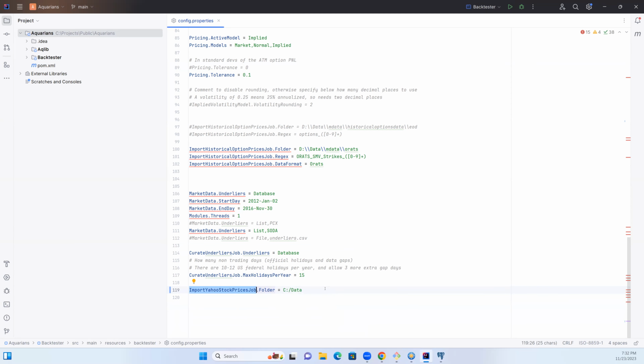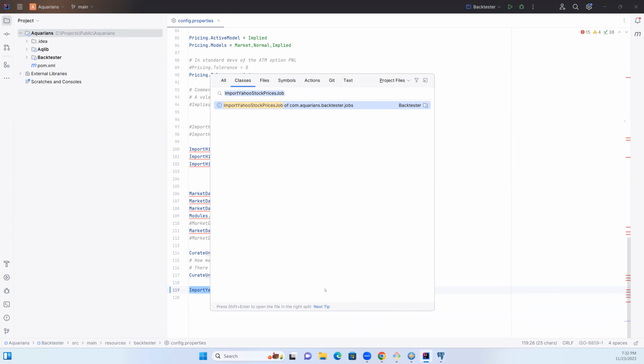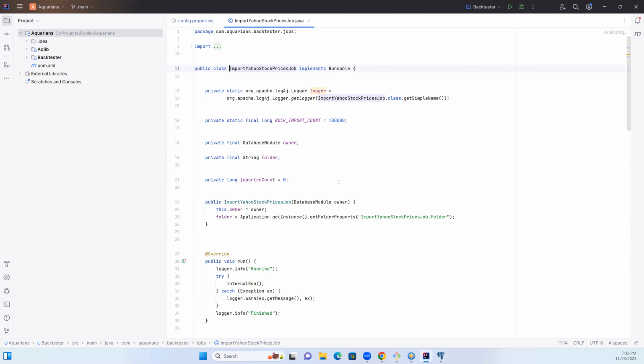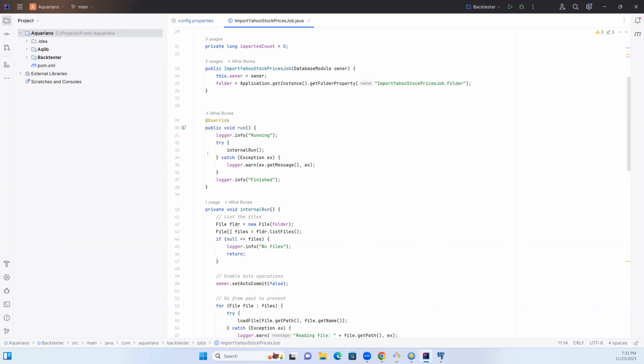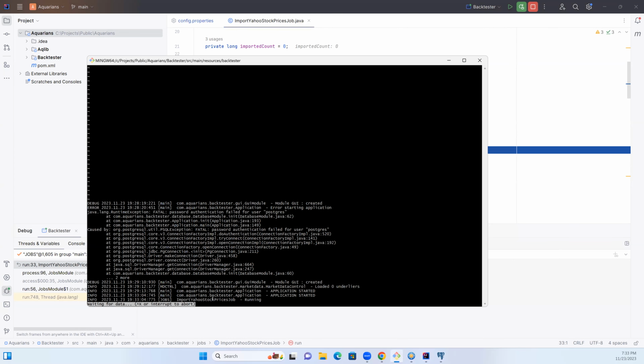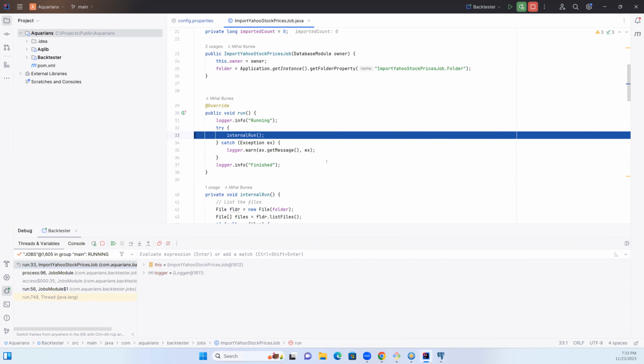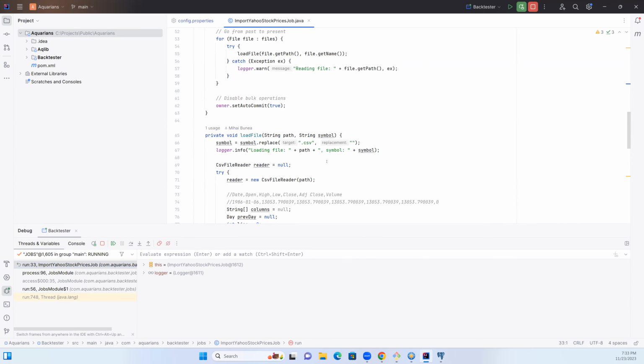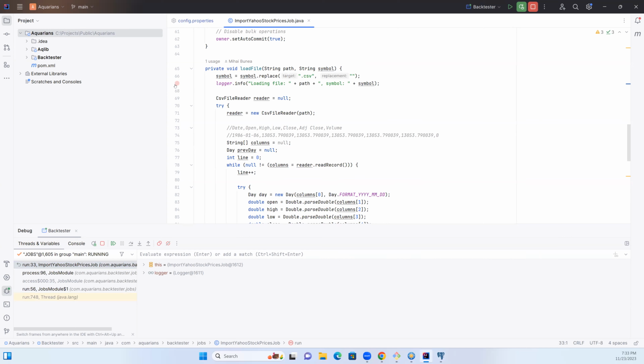import mode. Control-N, import prices job, and I'm going to place a breakpoint to see what actually happens when I'm running this job. So start. It has got here. Yahoo stock price import prices is running. Now at some point it reaches here.